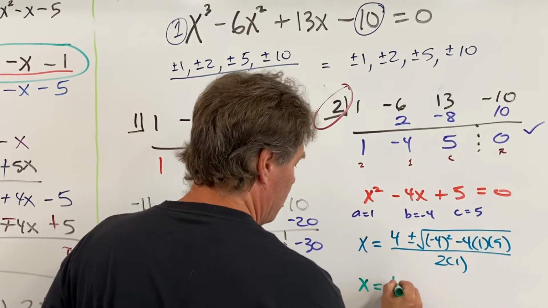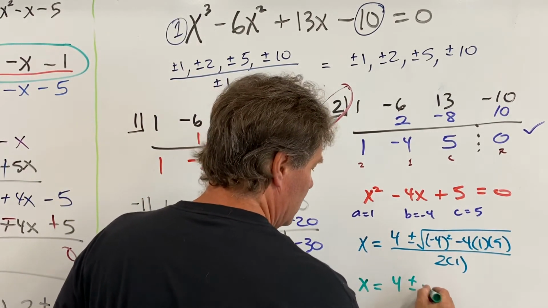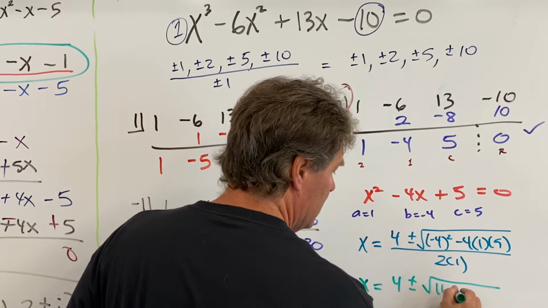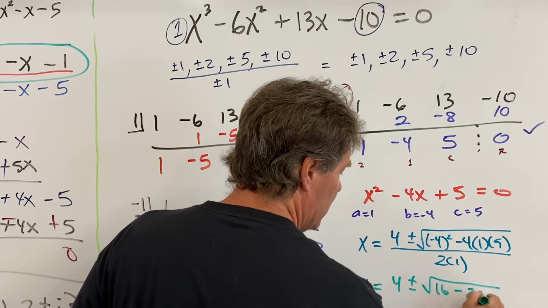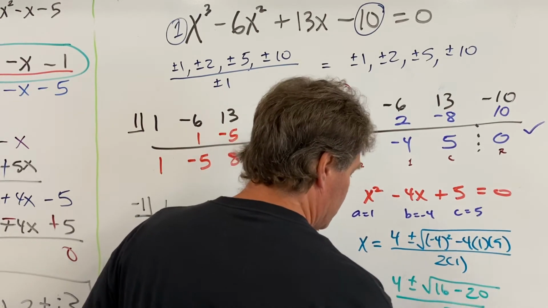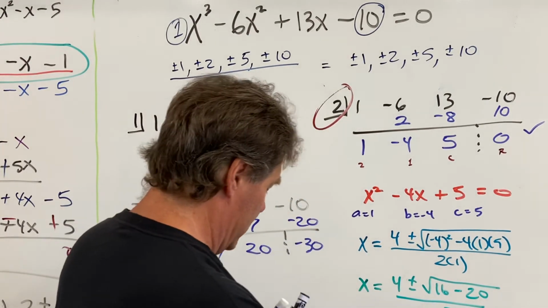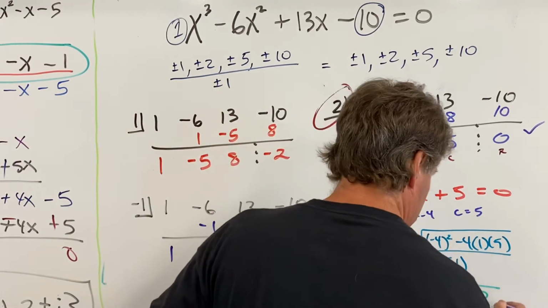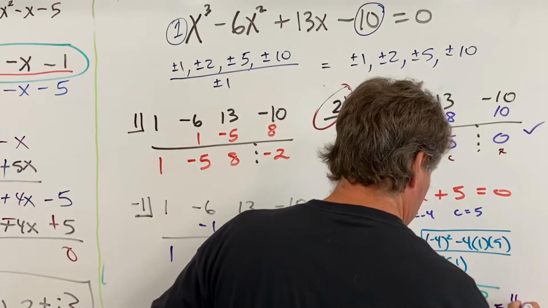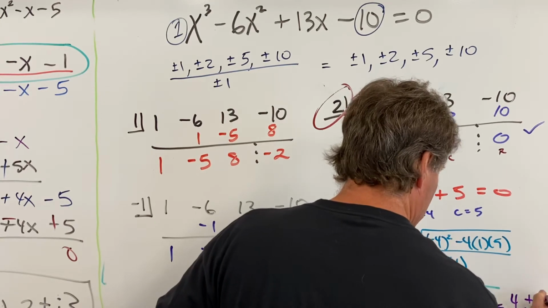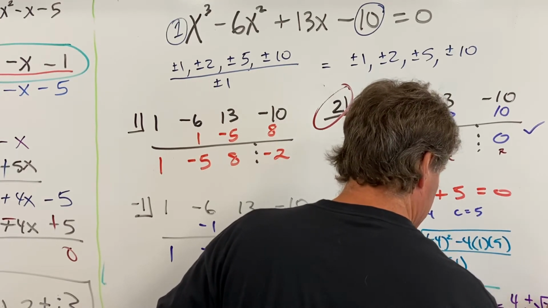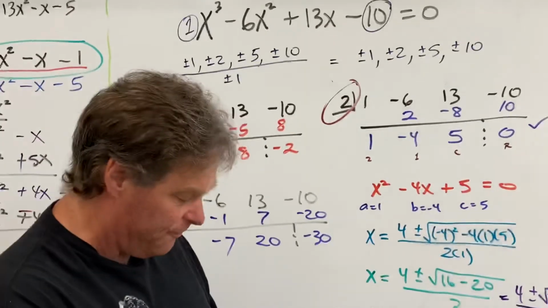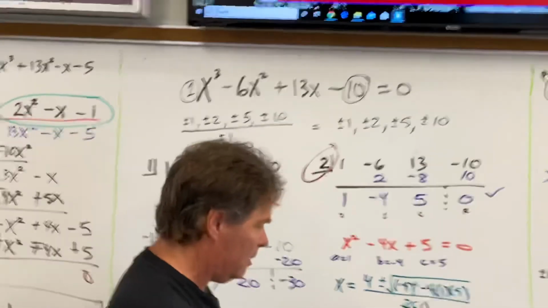X is 4 plus or minus square root of 16 minus 20 over 2. Wait a minute. That gives me 4 plus or minus square root of negative 4 over 2. And square root of negative 4 is 2i, right?